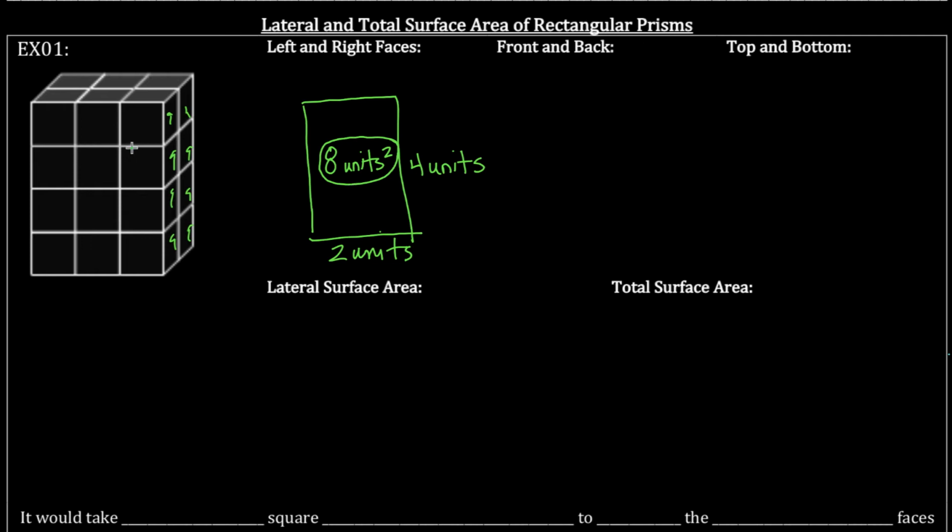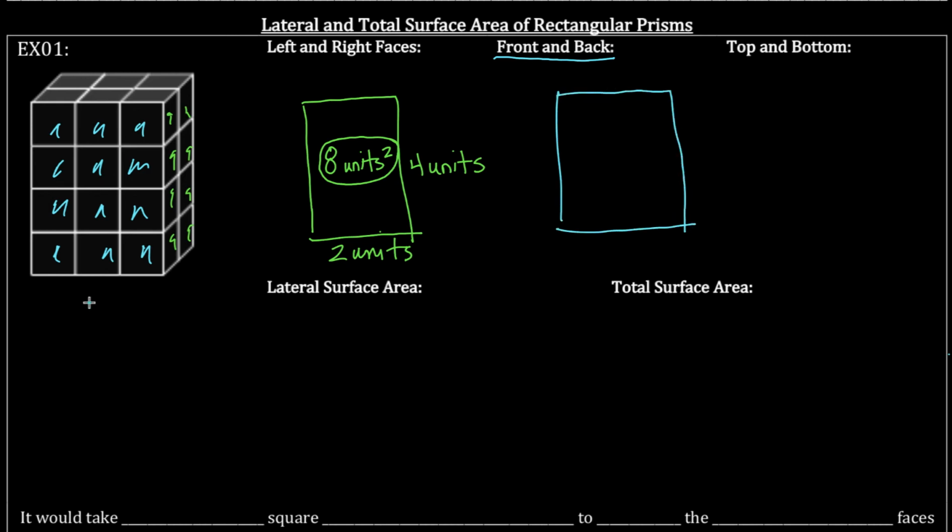Let's draw the front and the back. Let's use a different color. So this will be the front. That's 3 units by 4 units.